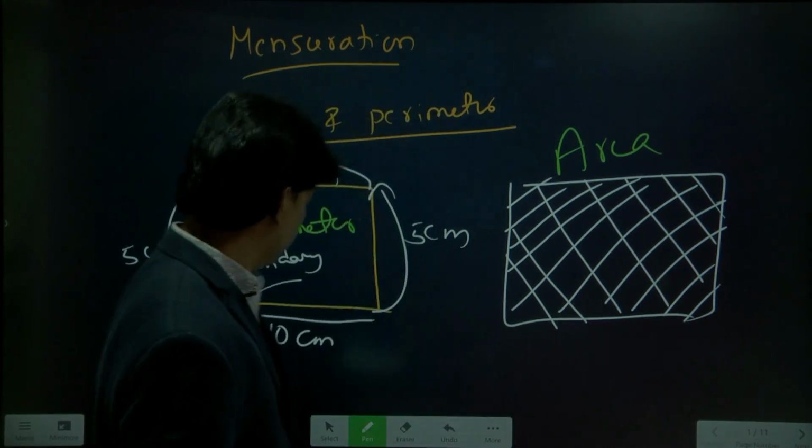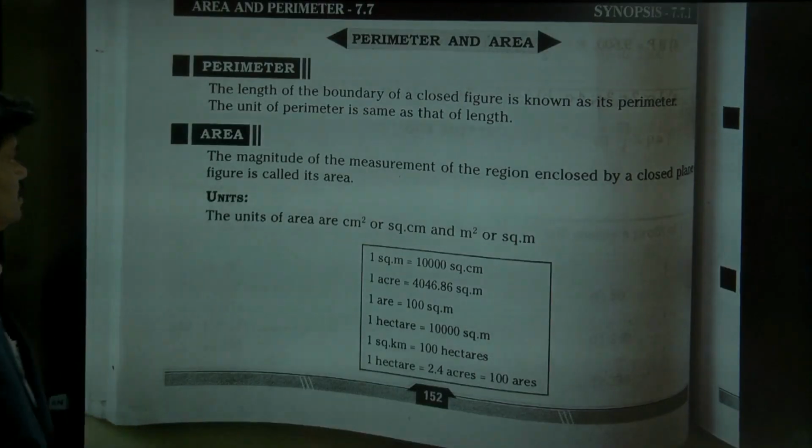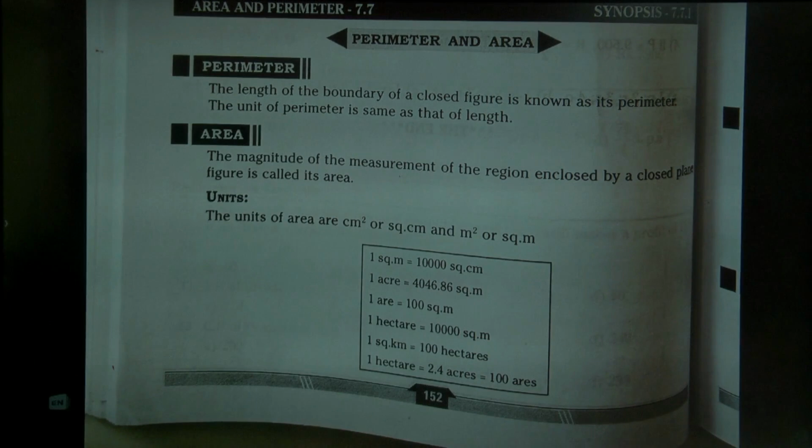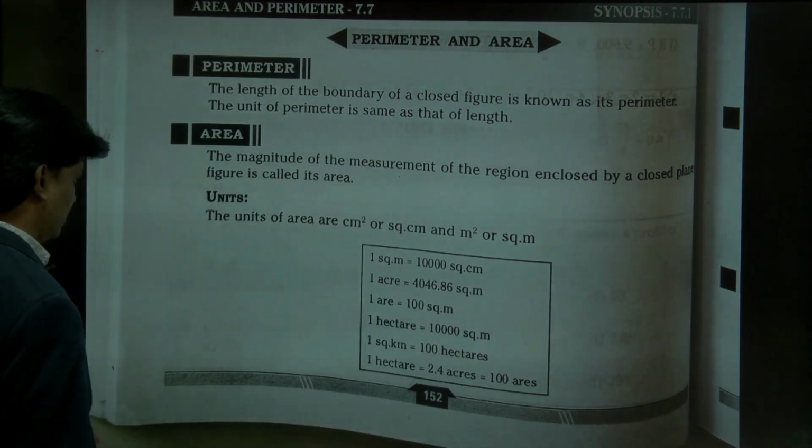We understand the difference between area and perimeter. Just see, area is the magnitude of the measurement of the region enclosed by a closed plane figure, and perimeter is the length of the boundary of the closed figure.